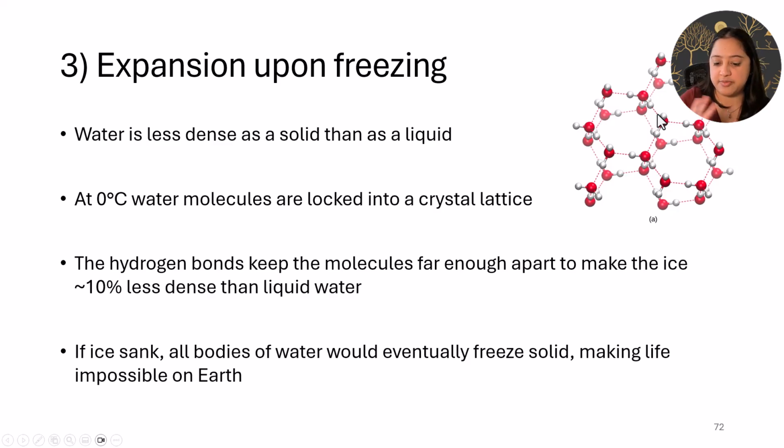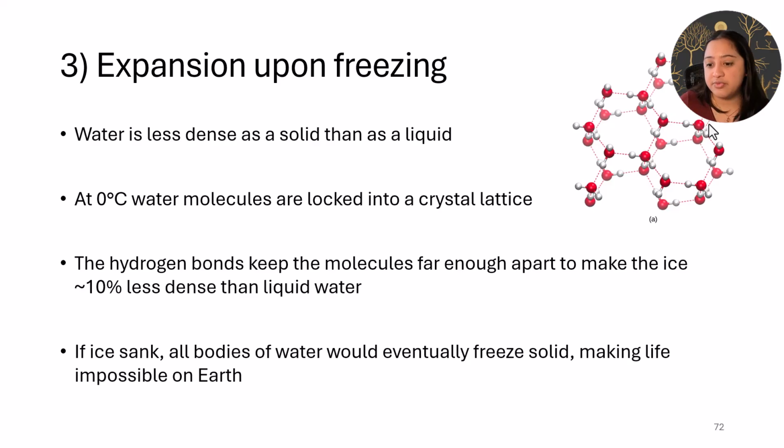Just from the physics of how the water molecules orient and face each other, it forms this pattern, and that's what makes it less dense when it freezes. Those hydrogen bonds keep the molecules far enough apart to make the ice less dense than liquid water, about 10% less dense.